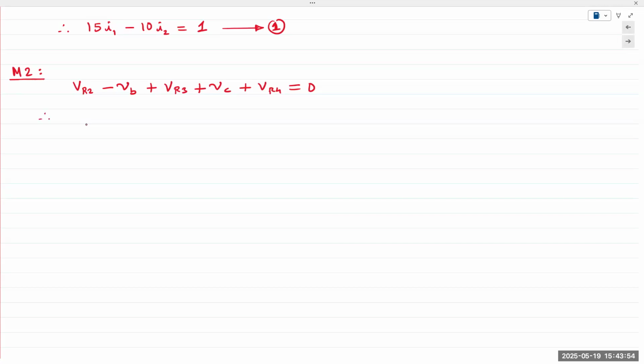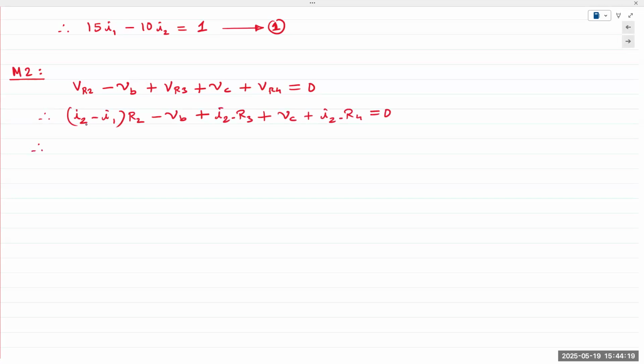VR2 again is a shared branch, but this time it's going to be I2 minus I1 times R2 minus VB plus VR3 is I2 times R3 plus VC plus I2 times R4 is equal to 0.